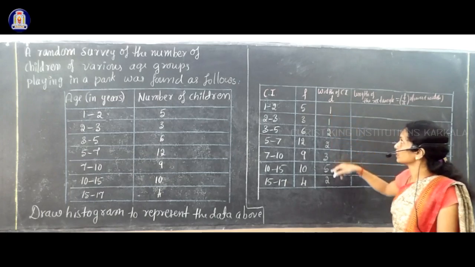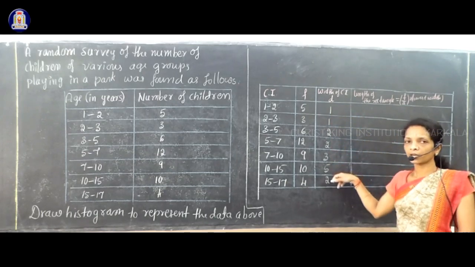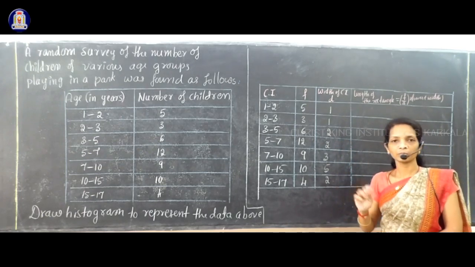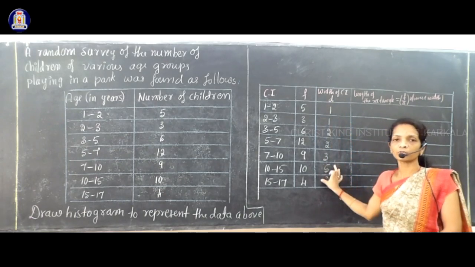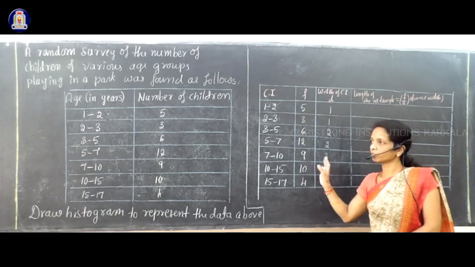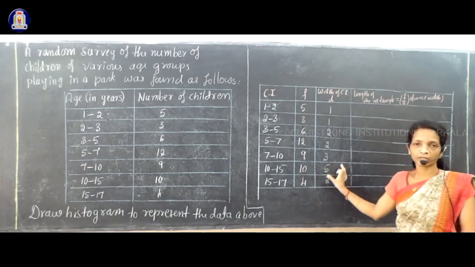And here you can see that width of the class interval, you have different answers here, different d values. Okay, but in the previous histogram, if you observe, you will get a length of each class interval the same. Okay, but here length of class intervals are not the same, they are of a different length.